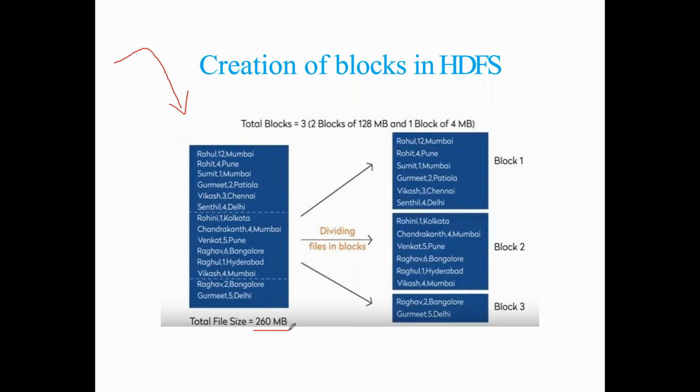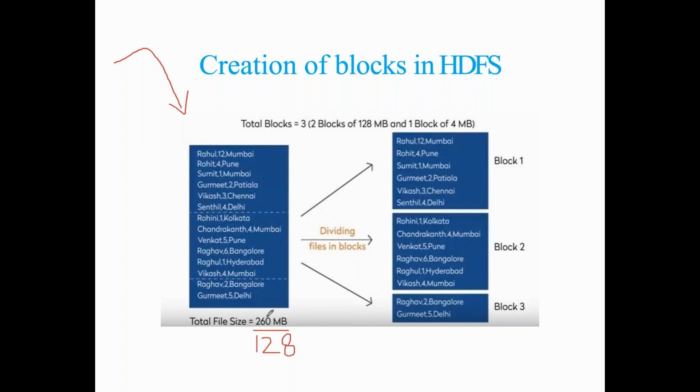Imagine that we are using Hadoop version 2.x. So in Hadoop version 2.x, the default block size is 128 MB. So I'm going to divide 260 by 128. 260 is nothing but my file size. 128 MB is my block size, the default block size in Hadoop version 2.x.